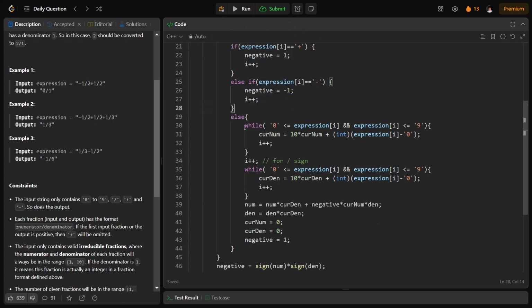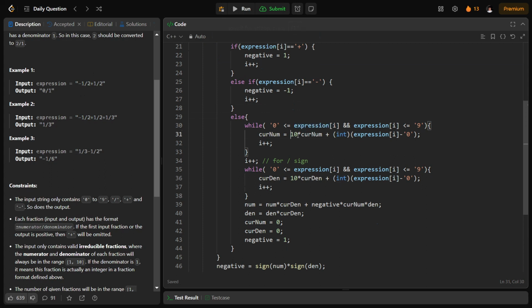So what I do is, I'm parsing the number, right? You see, I told you current number is equal to 10 times current number plus the digit. So since expression of i is a character, first of all I check if it is in the valid range. If it is in valid range, I take that value, I subtract '0', and I typecast that to int forcefully, and basically this would give you the digit in an integer format, what is stored in a character format in this expression string.